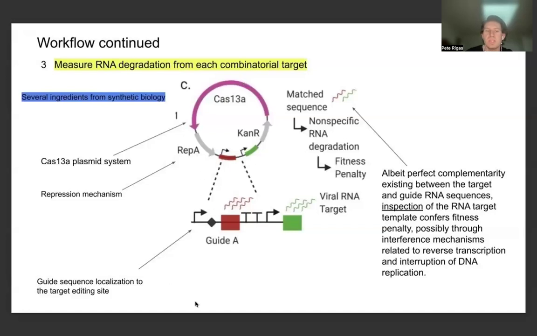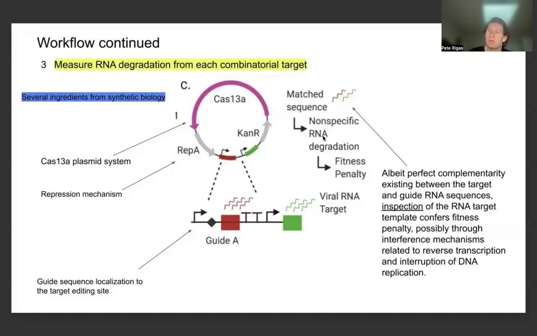And within this piece of DNA, we're looking at several factors that come into play, which are related to the fact that there's a Cas13a plasmid system, and there's a repression mechanism which is related to gene expression, because depending upon the viral RNA target, there can be different ways in which the magnitude of the repression module within this circular piece of DNA can determine the level of gene expression which occurs later downstream in the circular piece of DNA.